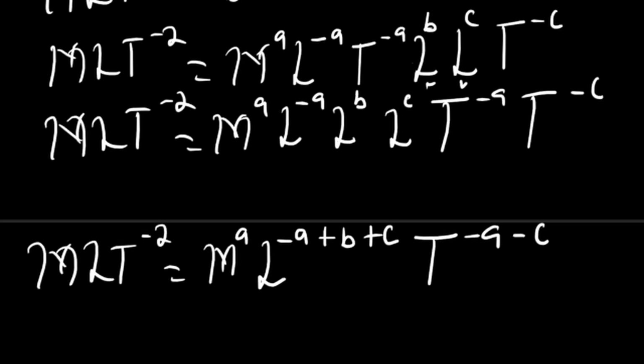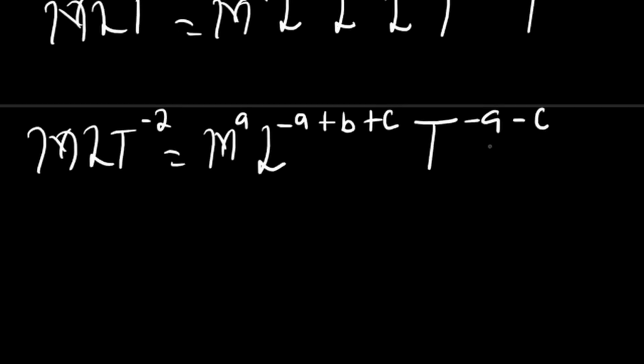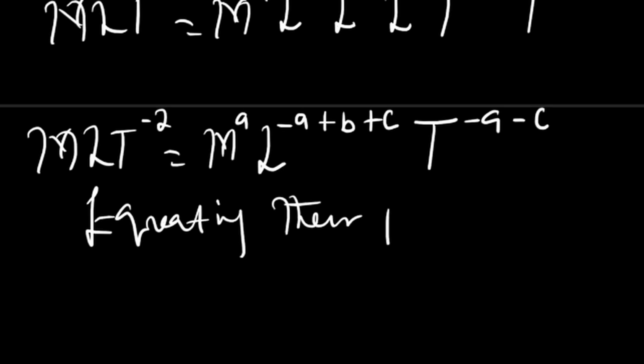That's the rule. Now, at this point, we can compare and equate the powers. Why are we equating the powers? Because we have like bases on both sides. If you have like bases in mathematics, for example, let's say you have 4 raised to the power x is equal to 16.